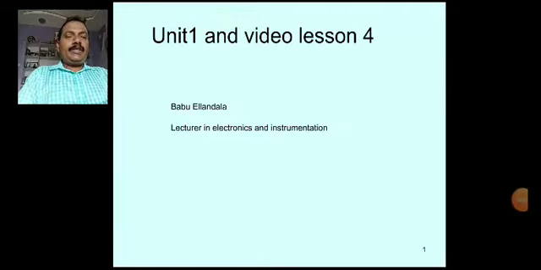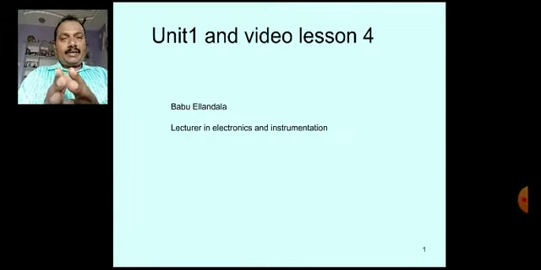We have discussed in the previous lessons the digital signal and analog signal differences and number systems. There are four number systems we have discussed: binary, octal, decimal, hexadecimal, and we have converted one number system into another number system.